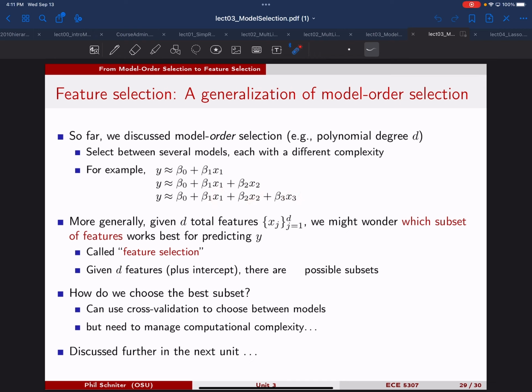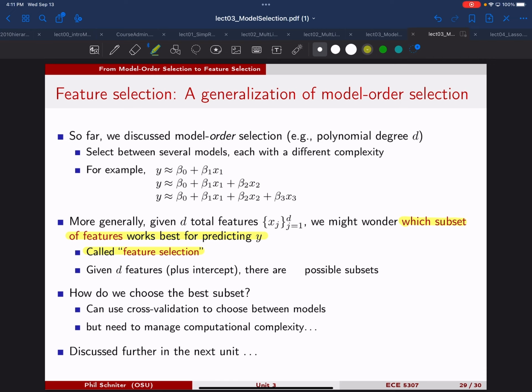So we don't have that flexibility when we look at things this way. So really, perhaps the problem that we want to solve is which subset of features works best for predicting the target. And so this problem is called feature selection, which is different than model order selection.